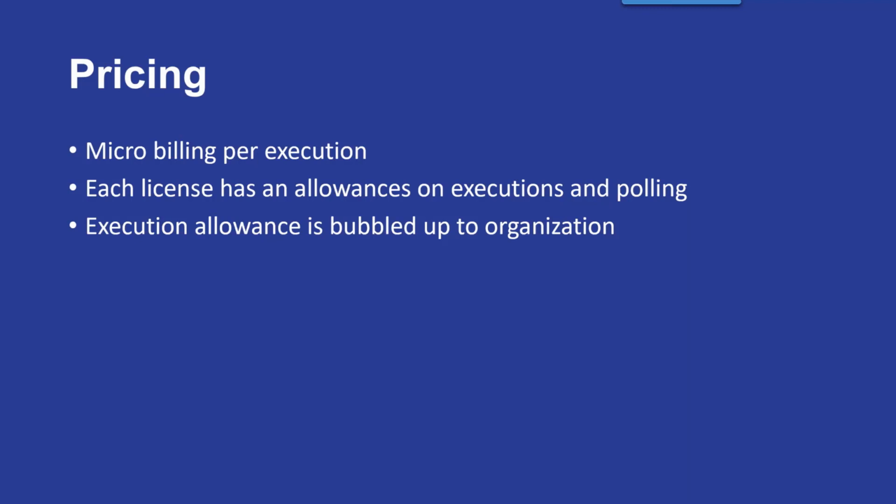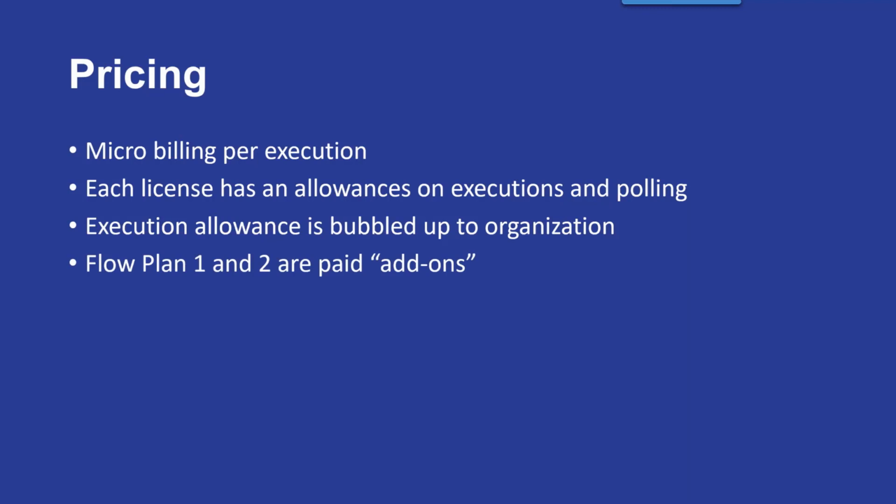So if you have 10 licenses and each one of those is an Office 365 license that, let's say, has 4,500 executions, that means your organization is allowed to run 45,000 executions of Microsoft Flows, right? So it's not that if you don't use your allowance, you lose it. It's going to be spread across the organization.